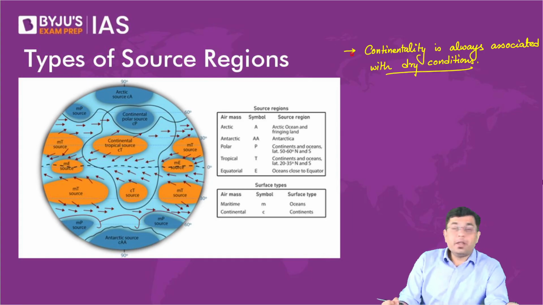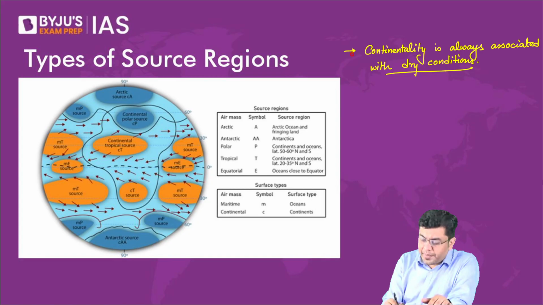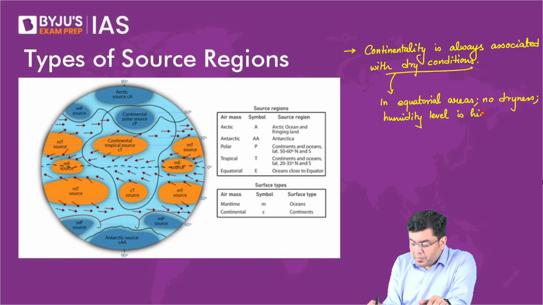Now, in the region of equator, we don't have dry conditions. That is why no continentality in terms of nomenclature. In equatorial areas, no dryness, humidity level is high, and hence no continental classification.